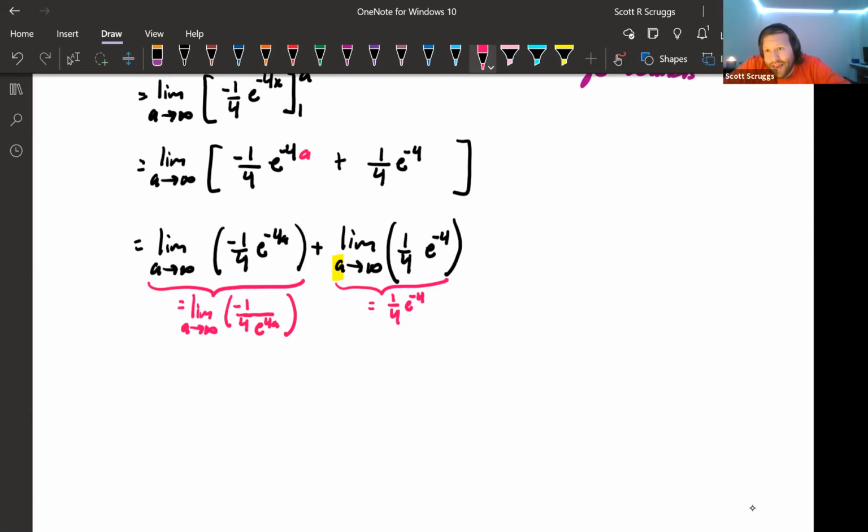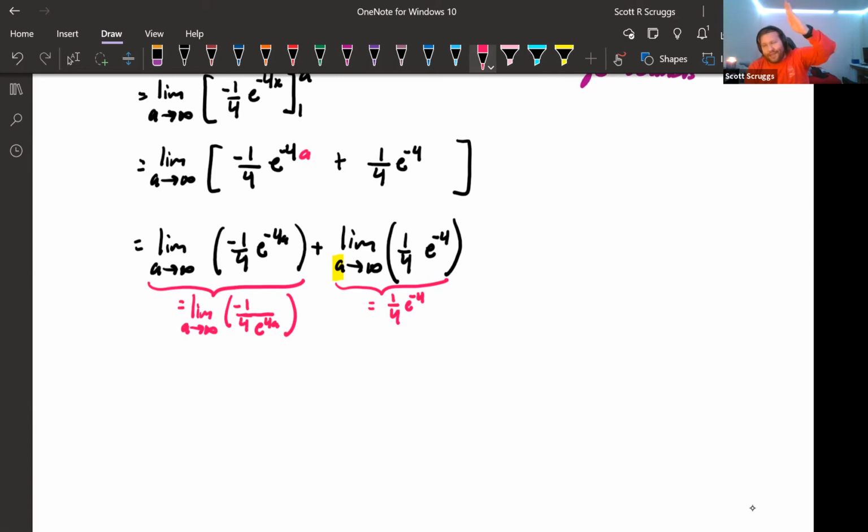I do have a negative exponent. I could change that negative exponent to a positive exponent by moving it over to the denominator. So as my inputs get super large, my denominator, because it'll have an exponential, will also get super large.